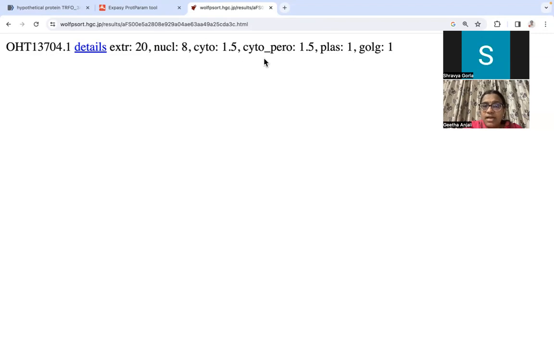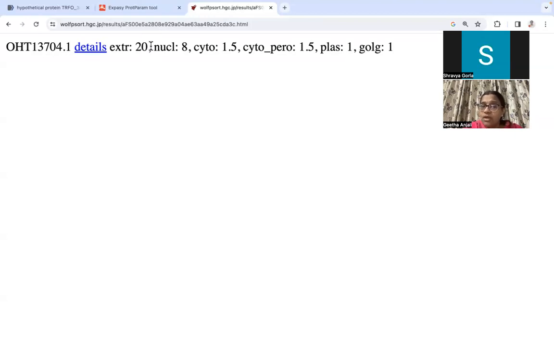You have nucleus, cytoplasm, cytoplasmic peroxisomal, plasma membrane, Golgi, and extracellular. For this protein, which location has the highest numeric value? Extracellular. Extracellular has the highest numeric value. The highest numeric value indicates the most probable location of that particular protein in that organism.